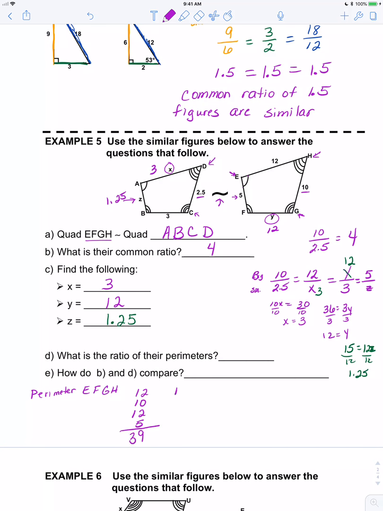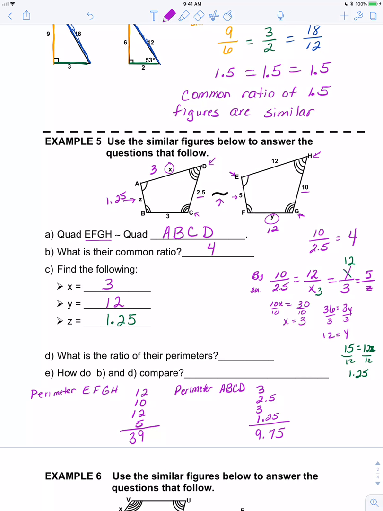39. The perimeter of the other quadrilateral, ABCD, let's add up all those sides. We've got 3, 2.5, 3, and then 1.25. Add all those up. Remember, it's important to line up those decimals when you're adding with decimals. And I got 9.75.